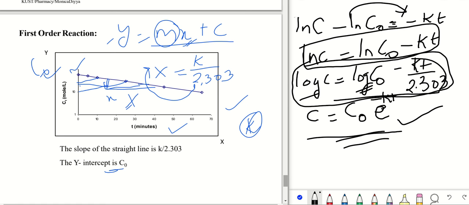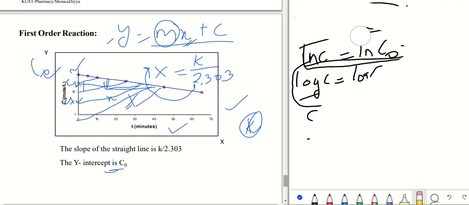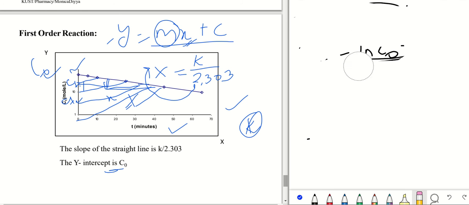So if we draw y-intercepts at each time interval, we will be able to determine ct at ct1, ct2 like this. That is how we can determine or calculate the rate constant for the given reaction by use of rate law.